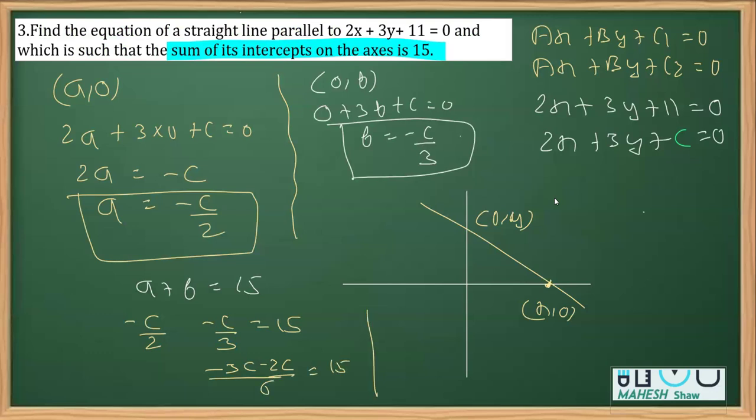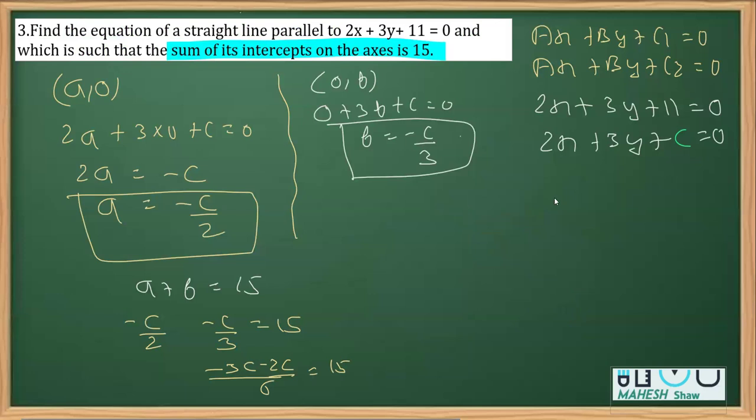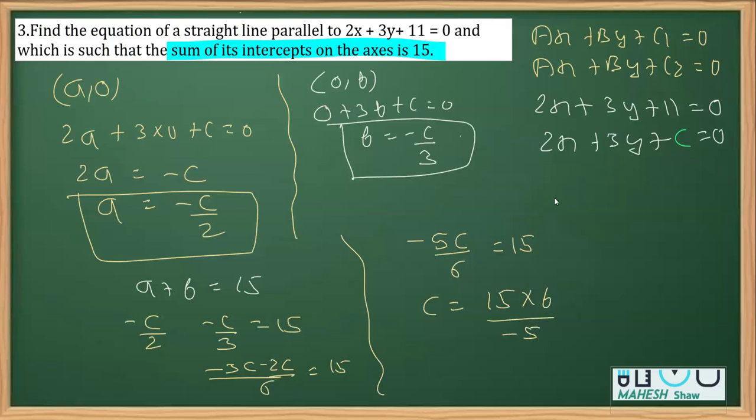Now, if I solve this further, this is minus 5c over 6 is equal to 15. On transposing, we get 15 multiplied by 6 divided by minus 5. Minus I can write in the numerator.